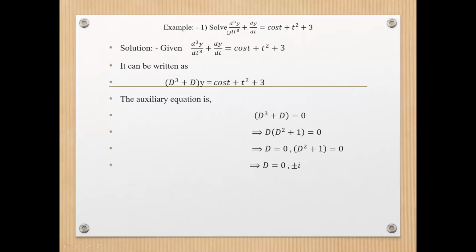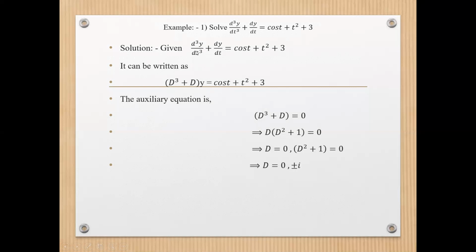Here is the example. Solve d cube y upon dt cube plus dy by dt is equal to cos t plus t square plus 3. First, we have to find the complementary function related to this linear differential equation. So first, write the given differential equation as (D cube plus D) y is equal to cos t plus t square plus 3.